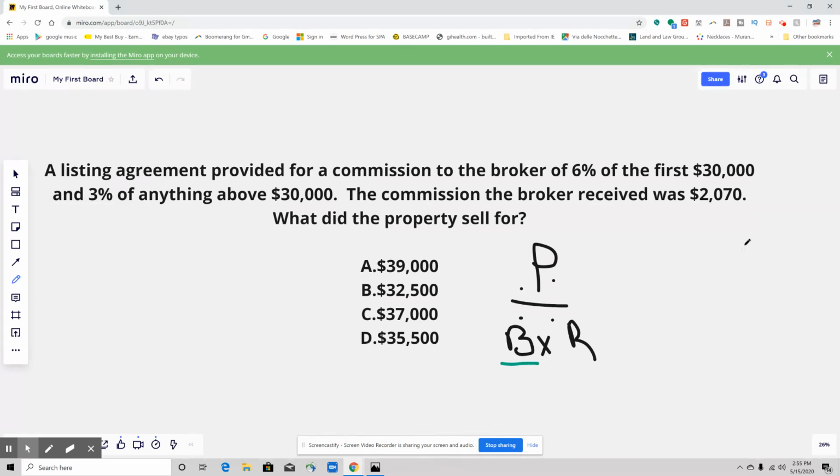We want to solve for the base. Remember when I used to draw my pie? That's the whole of the pie. That's the whole enchilada. So right now, what we're trying to figure out is, do we have the part and do we have the rate? Well, that's a complicated question to answer right now because we do have the part. The entire part is 2070, but the rate is broken down into two things.